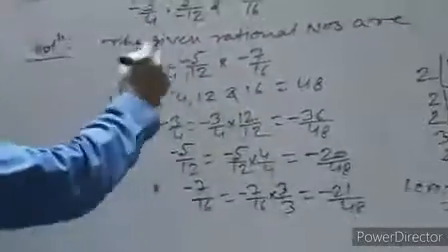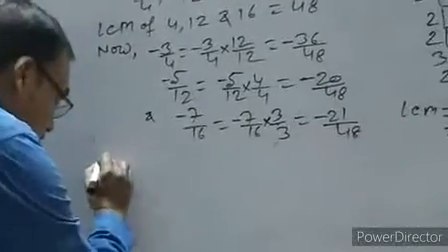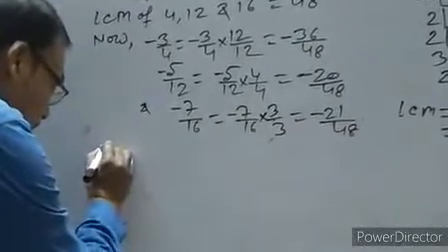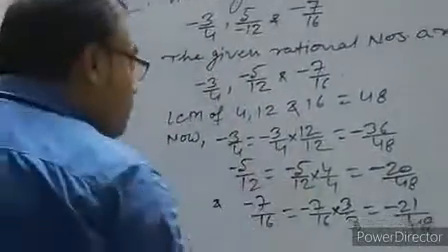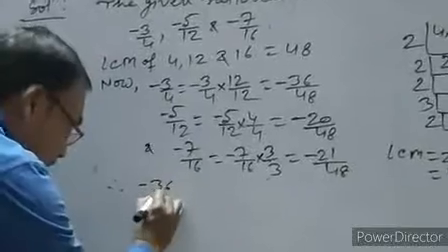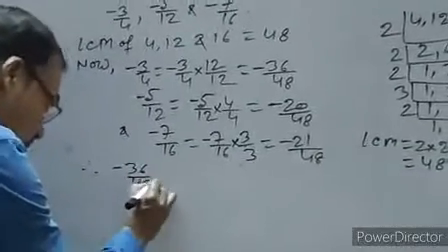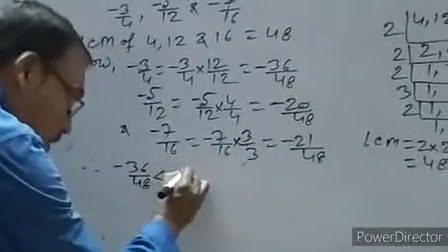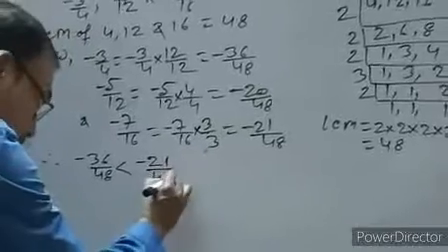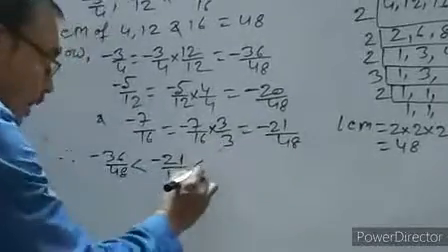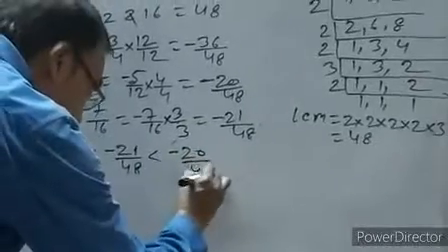While writing in ascending order, we write minus 36 by 48 is less than minus 21 by 48, which is less than minus 20 by 48.